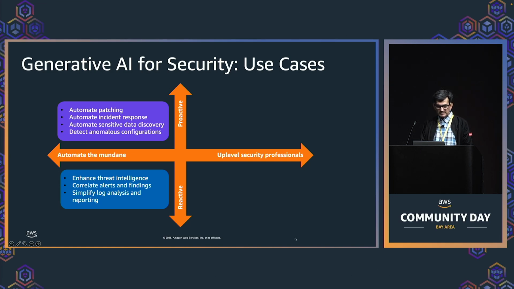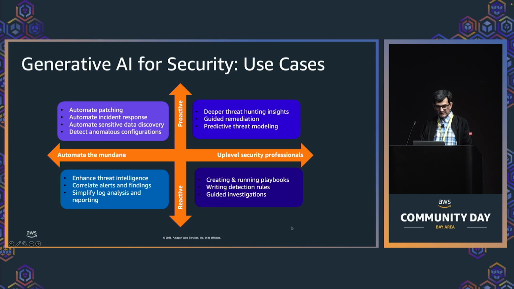Another use case can be translating queries and language. As I was saying, in today's world, writing queries manually just doesn't make sense. Gen AI can translate natural language queries, like human language, into vendor-specific search language, facilitating more efficient investigations with security logs.